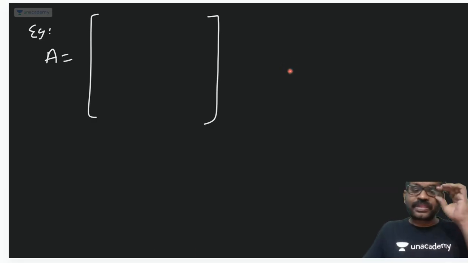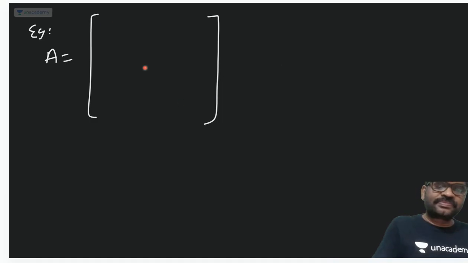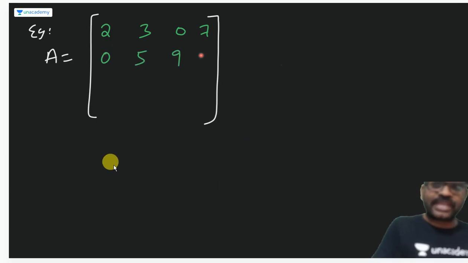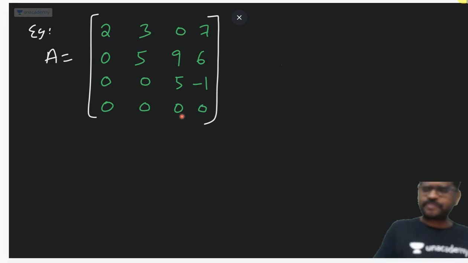Now, 2, 3, 0 7 0 5 9, 6 0 0 5, minus 1 0 0 0 0.